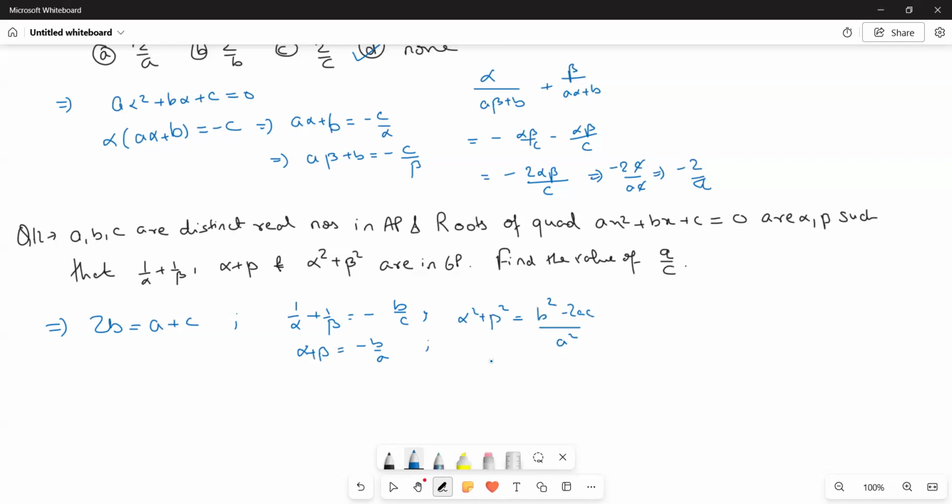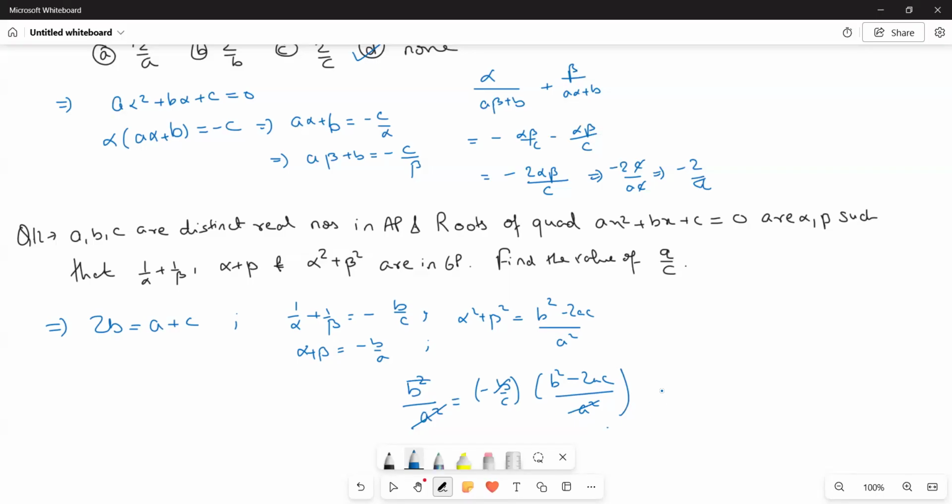So according to this, we will have B square by A square is minus of B by C into B square minus 2AC by A square. So one A square cancels, and one B cancels.